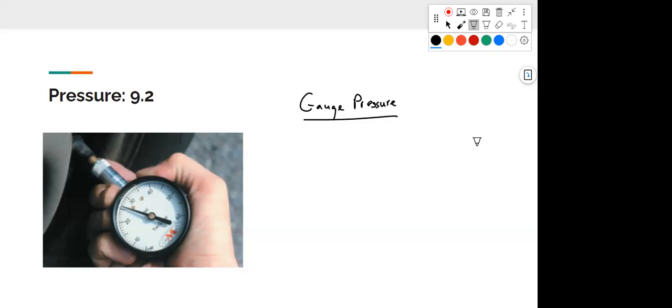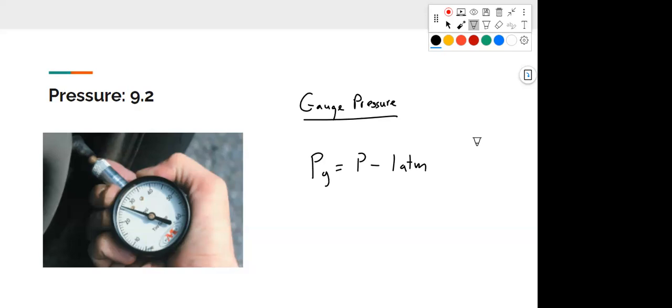It's because everything that we're going to use, unless you're an astronaut, is going to happen on the surface of the Earth. And so we don't want it to tell us about the atmospheric pressure. That doesn't really impact many things in everyday life. If I'm filling my car tire with air, I don't need to know what the atmospheric pressure is. I just need to know that I get enough air into the tire. And so this is the idea of gauge pressure, which is just the actual pressure minus 1 atmosphere.